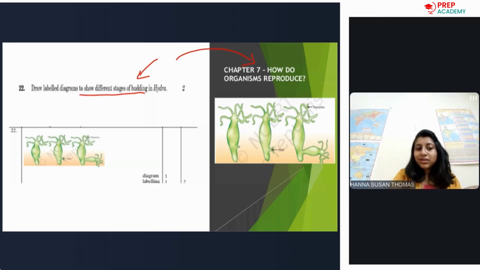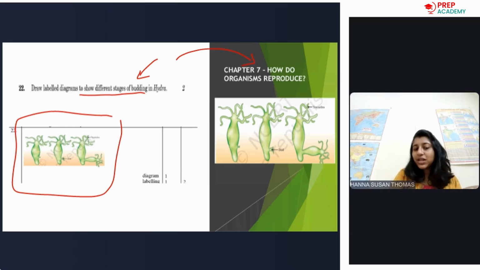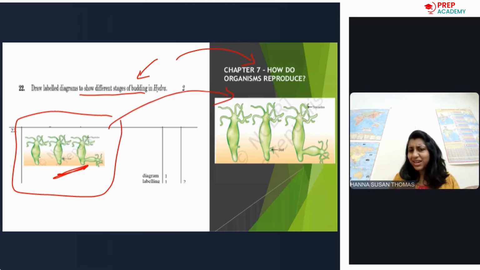The official answer key given by CBSE has included a diagram that is exactly the same as the one in your textbook. Here just draw the budding stages of hydra, and for drawing you will be awarded 1 mark.